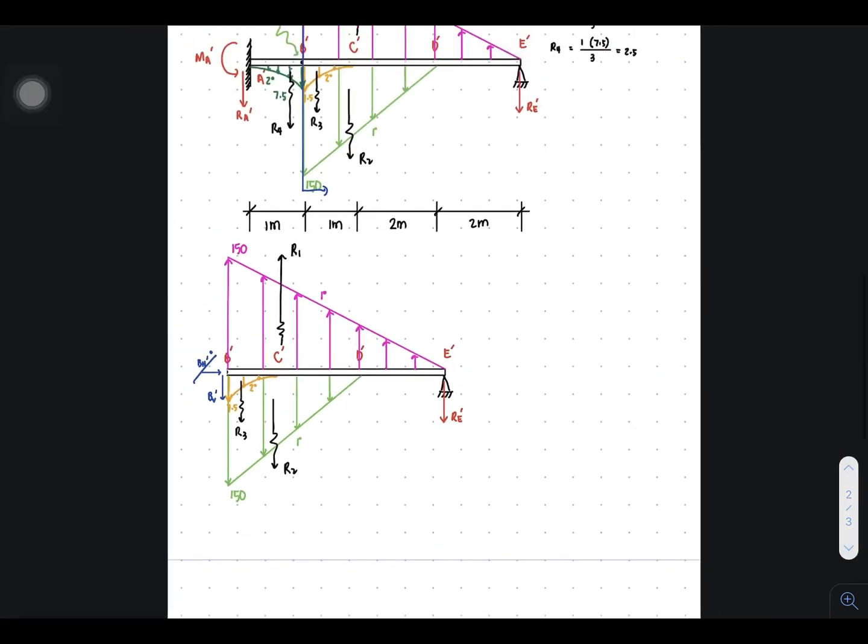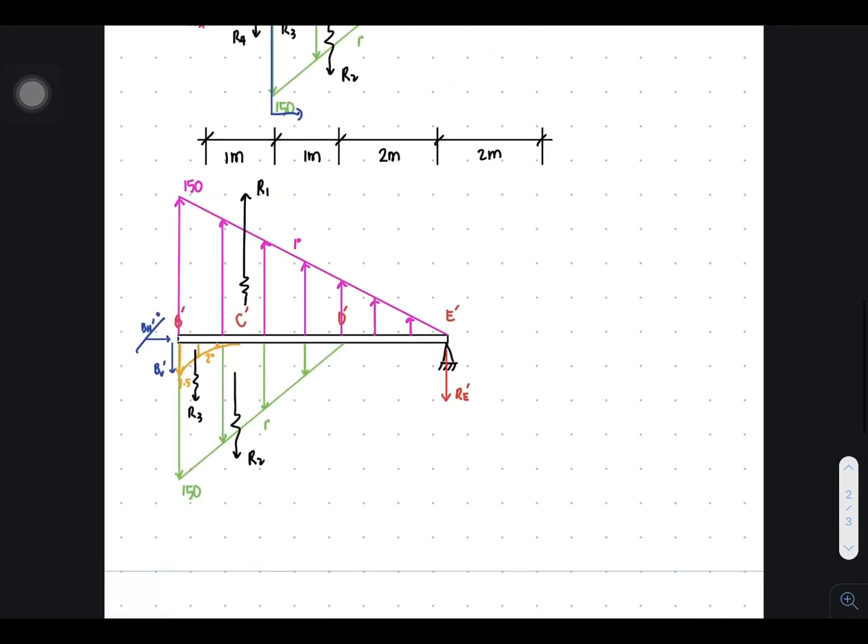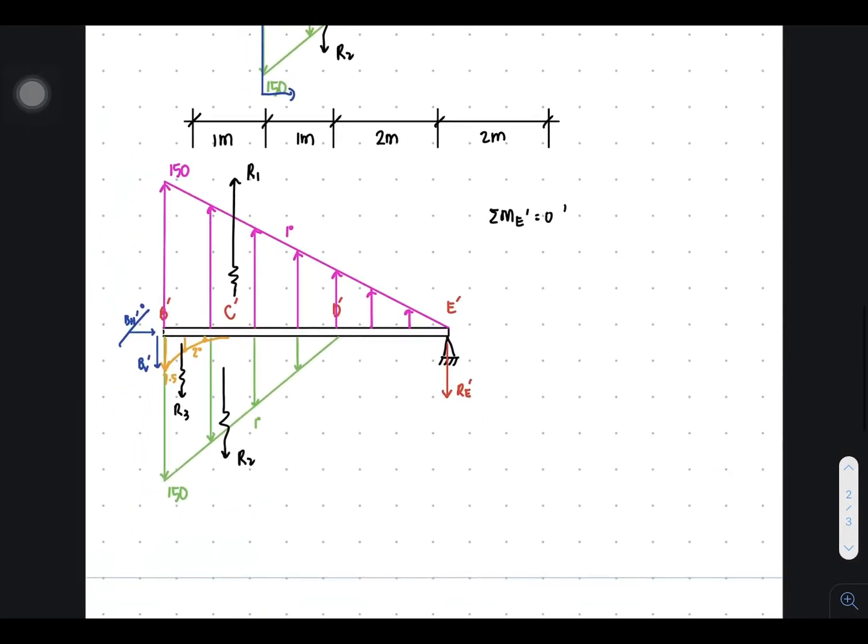So, continue. Summation of moment about point E prime equal to 0. You will have clockwise positive, counterclockwise negative.